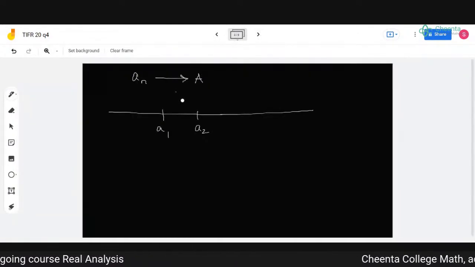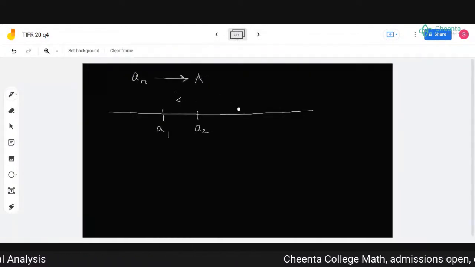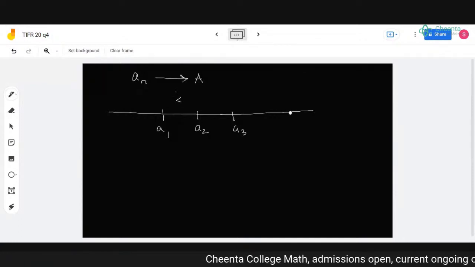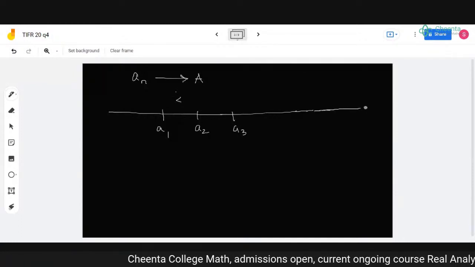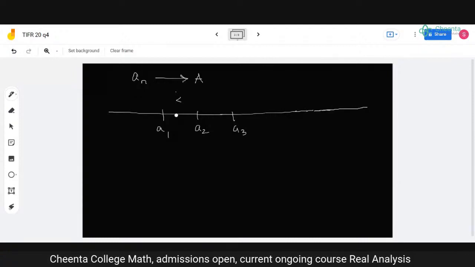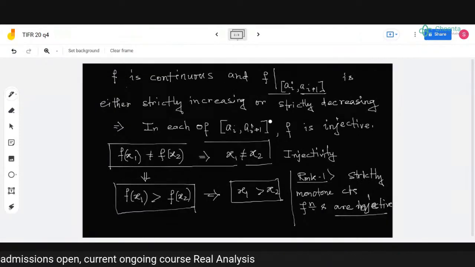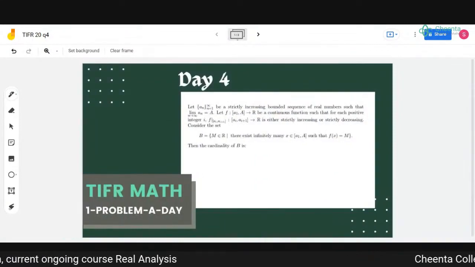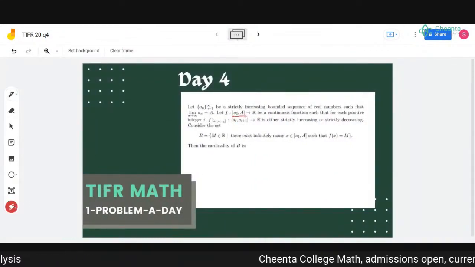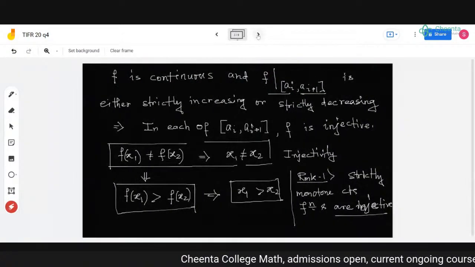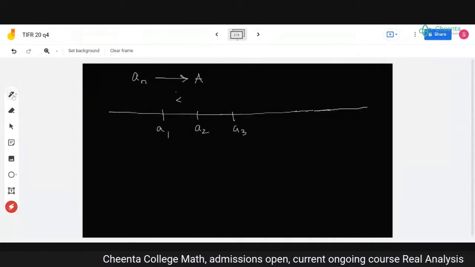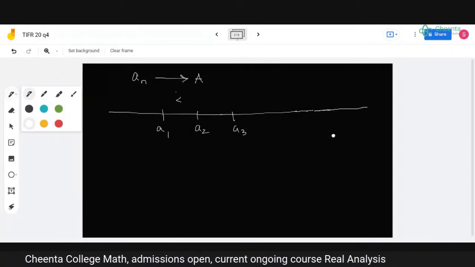Hence a1 is less than a2, then a, and it goes on like this. So if you take the interval given in the problem, (a1, a), this interval actually contains all these smaller intervals as well.